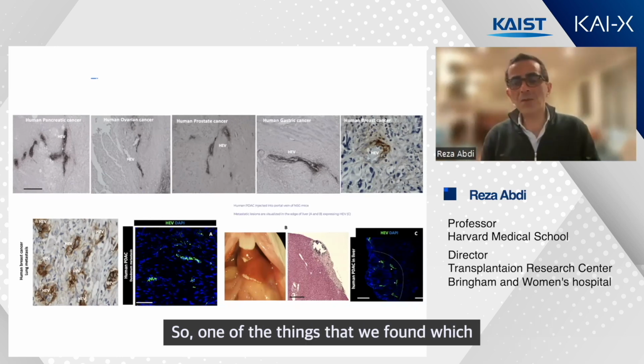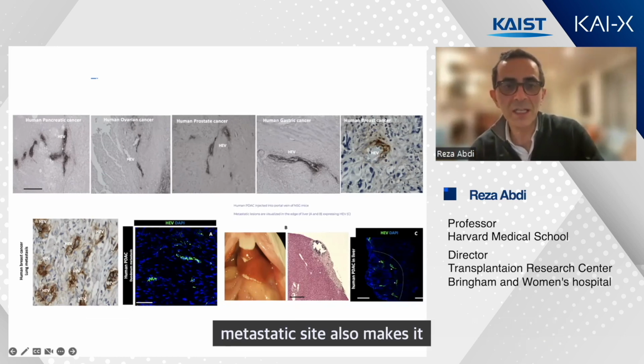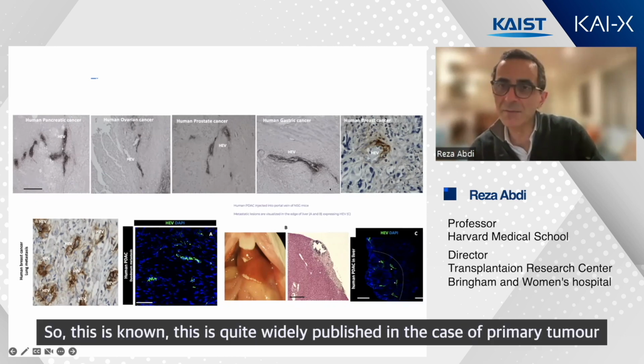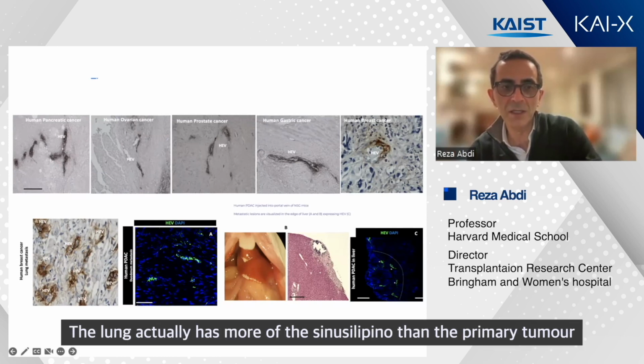So one of the things that we found, which I think is quite amazing and is still not being appreciated, is that the metastatic site also makes it, right? This is quite widely published in the case of primary tumor. But this is the metastatic site of a patient who died with breast cancer. The lung actually has more of this high endothelial venule than the primary tumor.